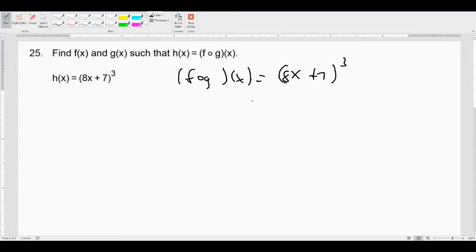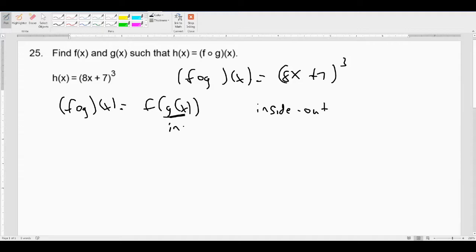Okay. Now, when you see f of g of x, it comes from inside out. g of x is the inside function, and f of x is going to be the outside function.